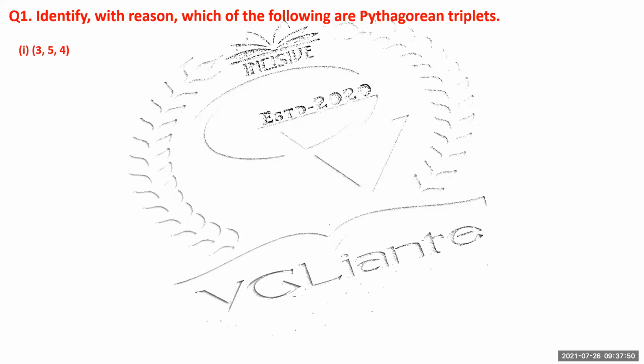First take the square of all these numbers: 3 square, 5 square, and 4 square. Out of that, set the largest number aside and consider the values of the remaining two numbers.